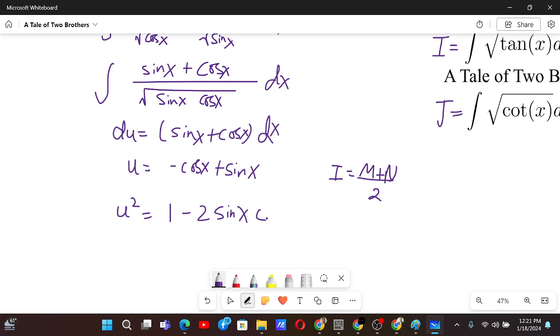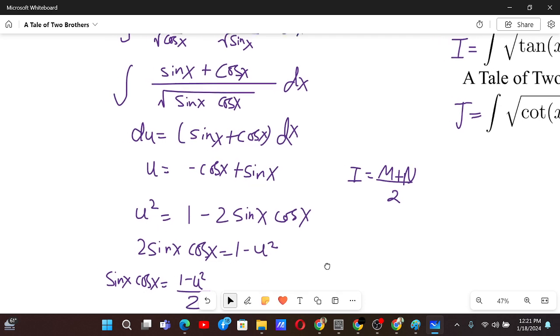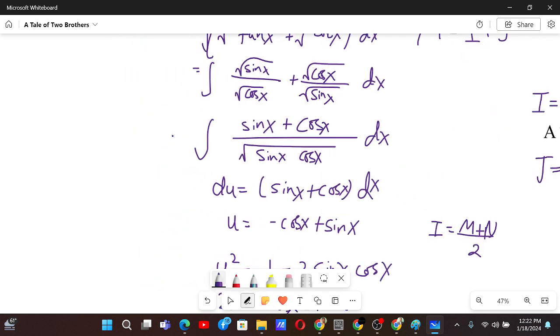So now I think you have seen how we can express our u in terms of these expressions. So now our 2 sin x cos x will just be 1 minus u square, and then our sin x cos x will be (1 minus u square) by 2. This helps us a lot, because now it will be simplified a lot.